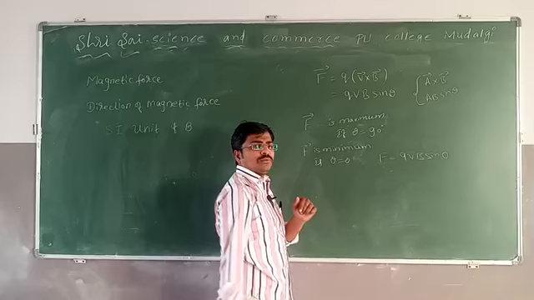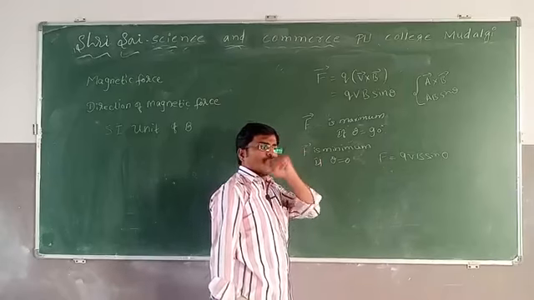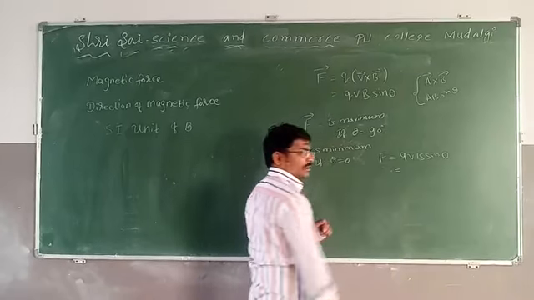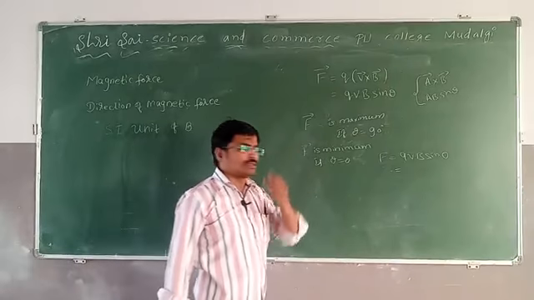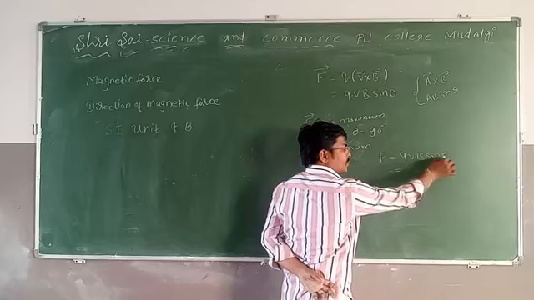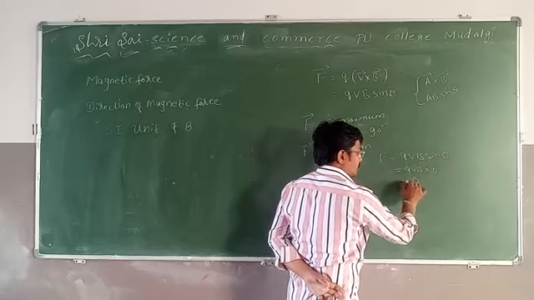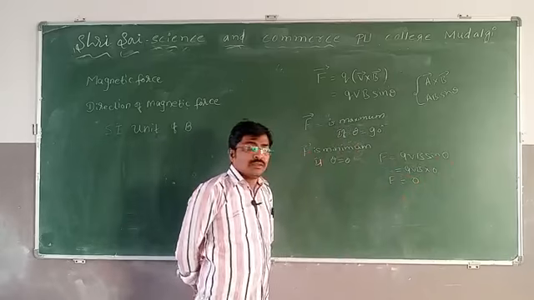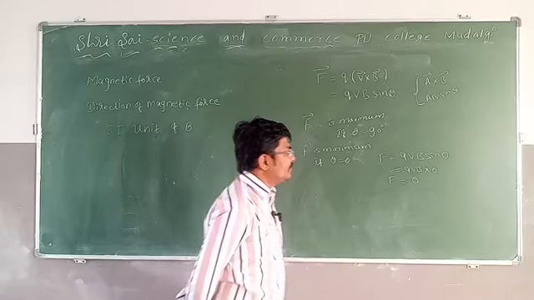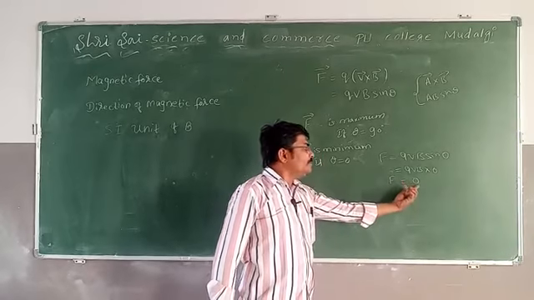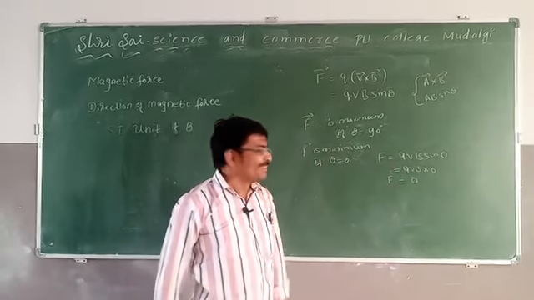What is the sin 0 value? Sin 0 value is 0. Already we studied in first year: sin 0 is 0, sin 90 is 1. So QVB into 0 means 0. This is F. Remember, F equal to 0 means there is no force at all.